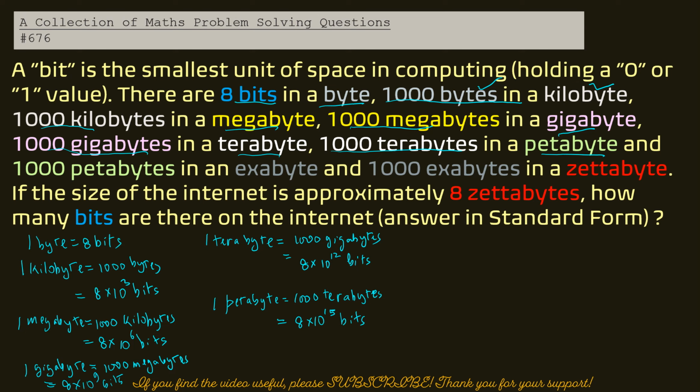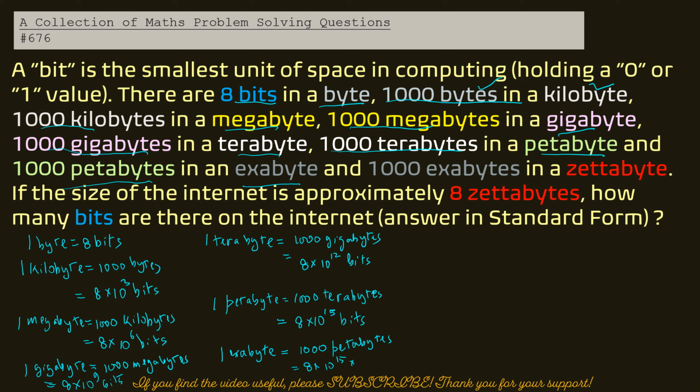Then we come to 1000 petabytes, 1 exabyte. So 1 exabyte equals 1000 petabytes. And 1000 petabytes would mean we have to multiply it with 1000, 8 times 10 to the power 15 times 10 cube.